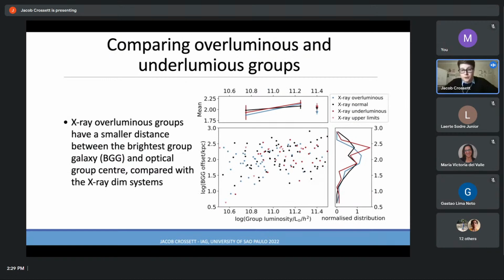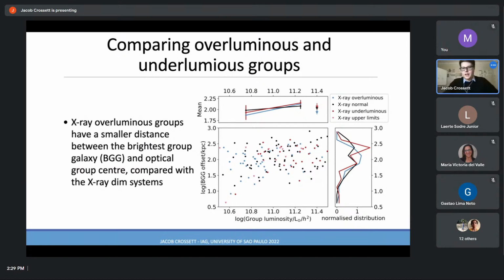Now, when we investigate the structural parameters of these groups, we find that when we look at the offset between the brightest group galaxy and the optical group center, i.e. how central is that central galaxy in the group, the overluminous groups have a more centralized BCG than the underluminous groups.